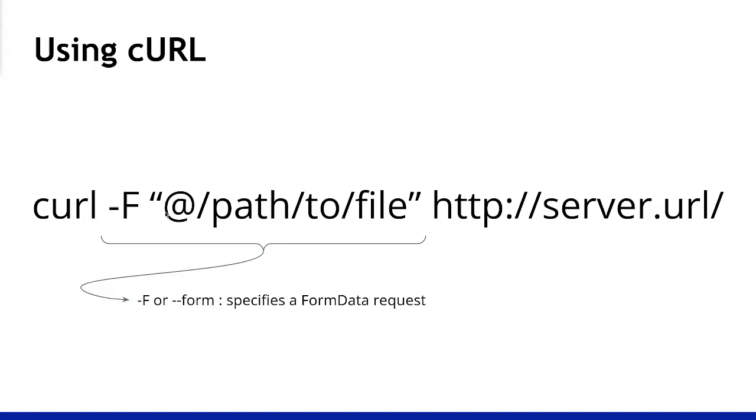This little @ symbol specifies that we're going to send the file at this path over to the server. It's pretty fun if you want to transfer files that way.